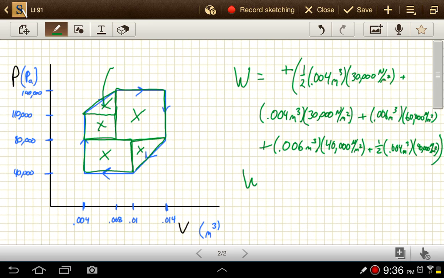Okay, so we'll punch this all into the calculator to get the total area inside that shape, which is the total work done.